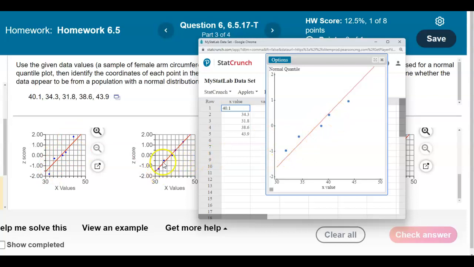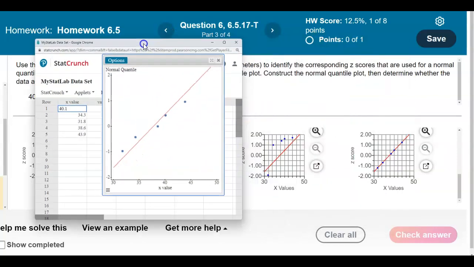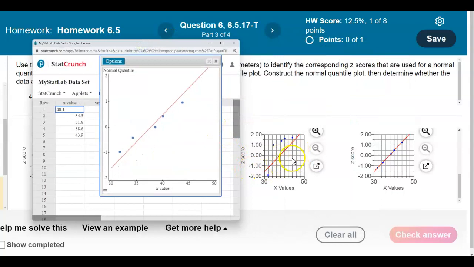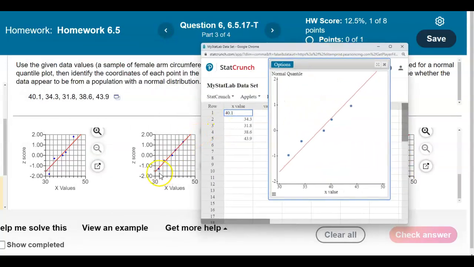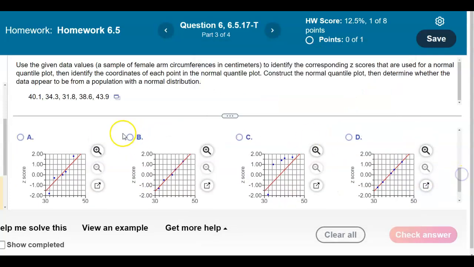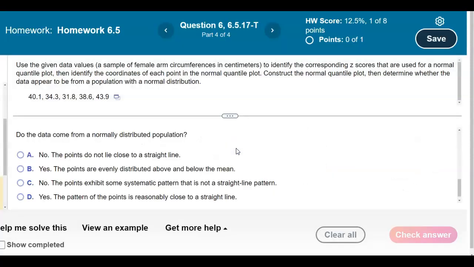When you look at this one here, you can see that there are 2 points here, 2 points there, and there. This looks pretty similar to B. If we take a look at C, it's not. If we take a look at D, it's not. So even though this point is right below that red line, we're not concerned about the red line. We're concerned about those points. So let's select our option for B and check our answer, and there is our result.